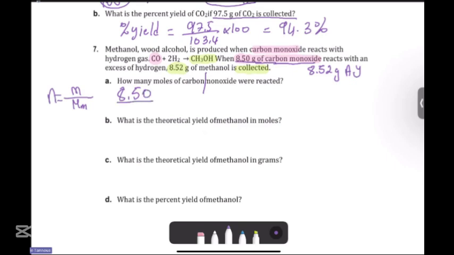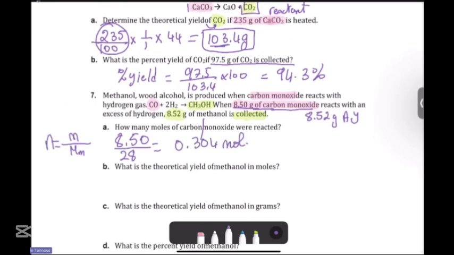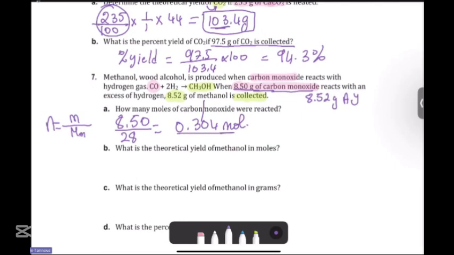That's a 12 and 16. That's a 28 gram per mole. So the mole would be 0.304 mole. Now, after this step, we calculate whatever mole we get by the mole ratio. And the mole ratio here is 1/1. So they are asking what's the theoretical yield of methanol in mole. Stop here like the previous question.